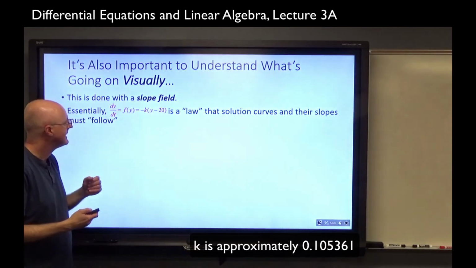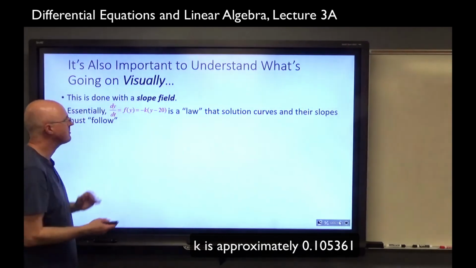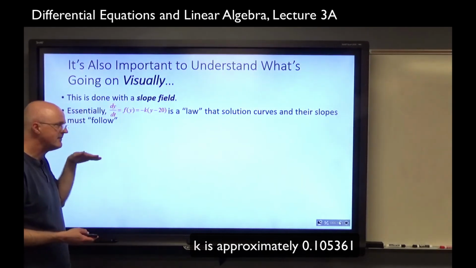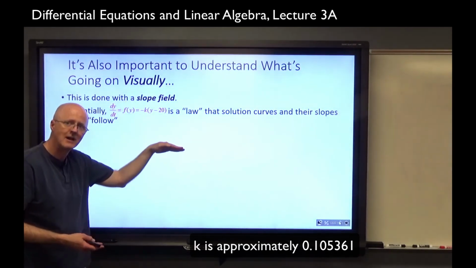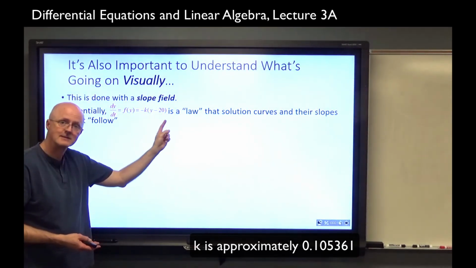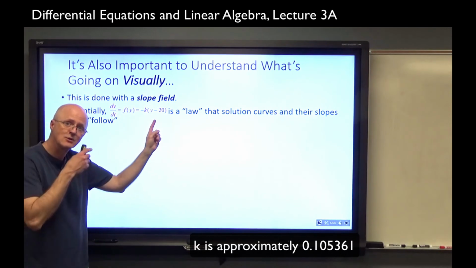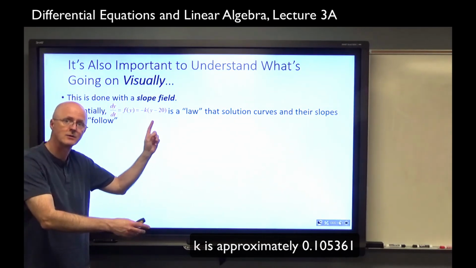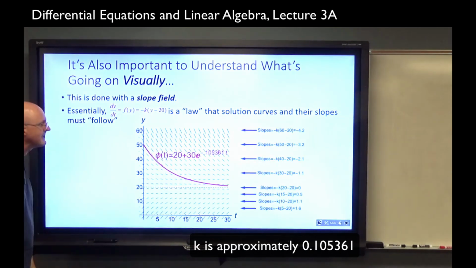And if you make a plane, a ty plane, and for any given value of y along the horizontal line, make a bunch of little line segments with slope equal to this, solutions will have to follow those little line segments like this.